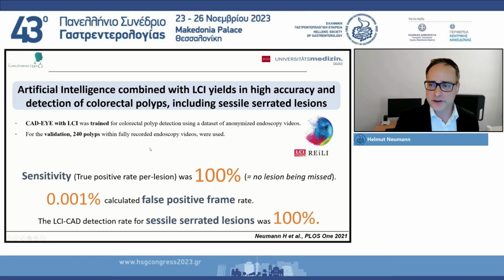Some of the software, because we have nowadays more than 10 different AI systems on the market, are already trained just to detect mucosal abnormalities. So they're not only trained on the polyp morphology in general, but they are trained to detect mucosal abnormalities. And with these systems, we are already able to detect even the classic sessile serrated lesion.